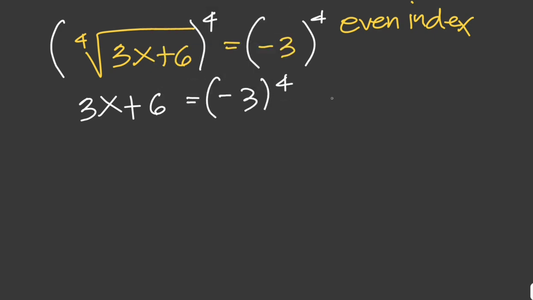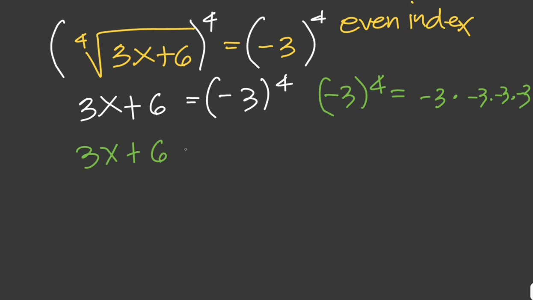And negative 3 to the 4th is negative 3 times negative 3 times negative 3 times negative 3. Positive 9 times negative 3 is negative 27, times negative 3 is positive 81.